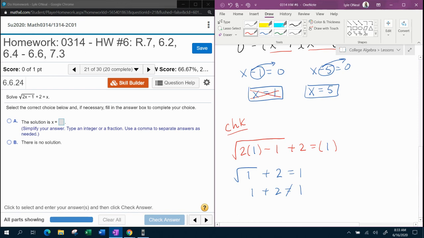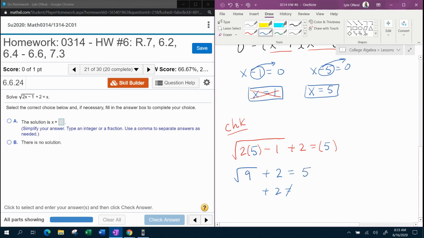Now we're going to go in and check the 5. So I'm going to use my eraser and erase. And so now we're going to check the 5. Plug in the 5 for each x. 2 times 5 is 10. 10 minus 1 is 9.